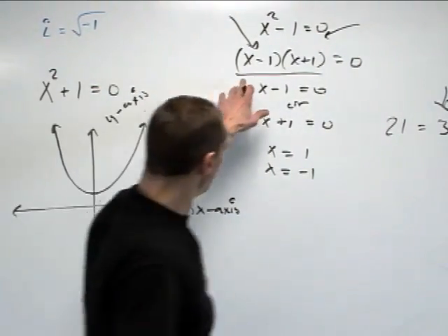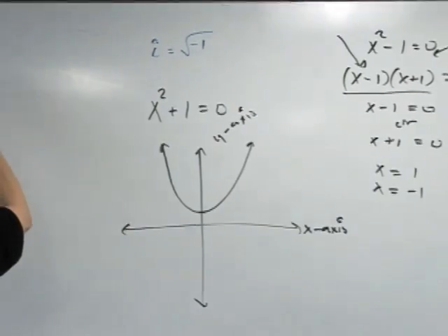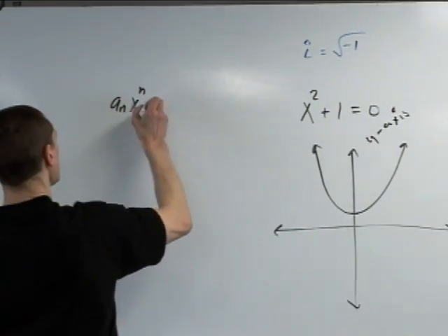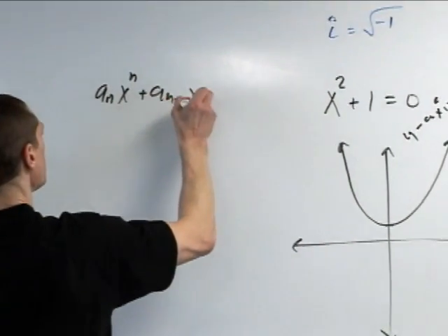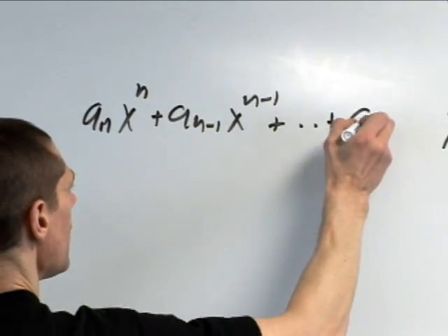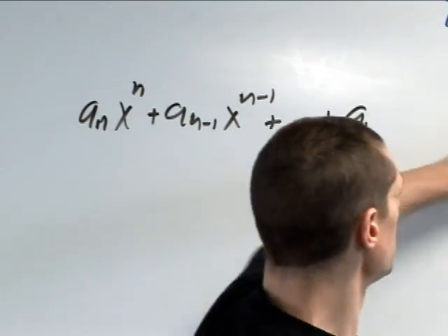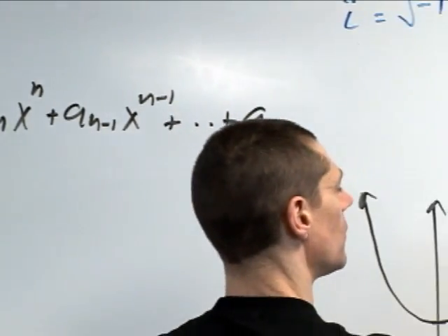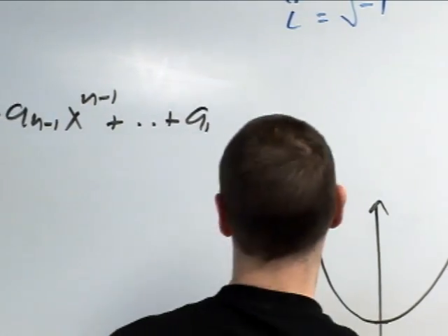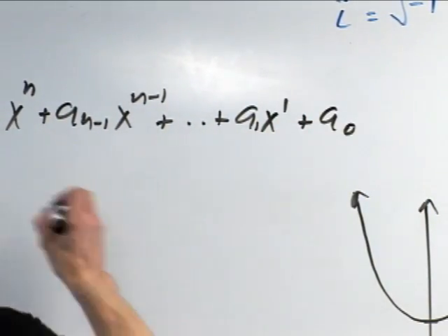Well, for polynomial functions, which all look like this one way or another, a_n x to the n plus a_(n-1) x to the n minus 1 plus ... plus a_1 x plus a_0.